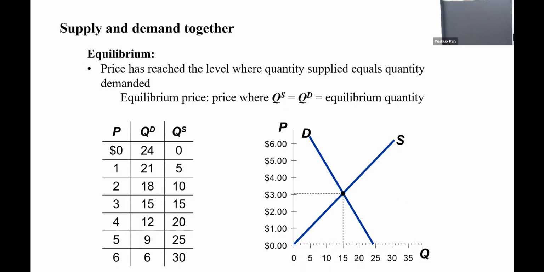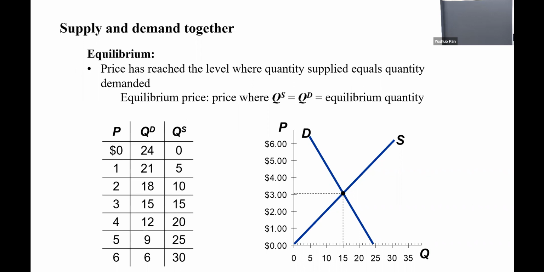Because the relationship between price and quantity demanded is negative, right? So the straight line is shifted downward. But for the price and the quantity supplied, that's positive. The price goes up, the quantity goes up.